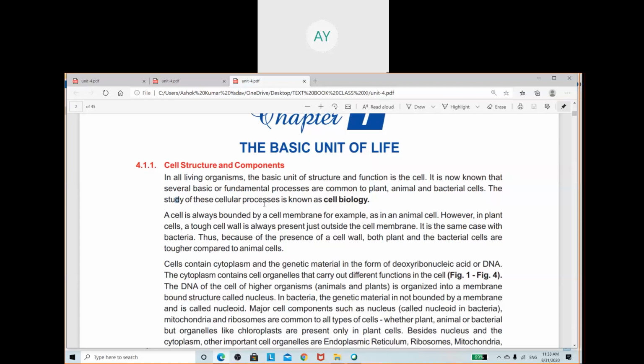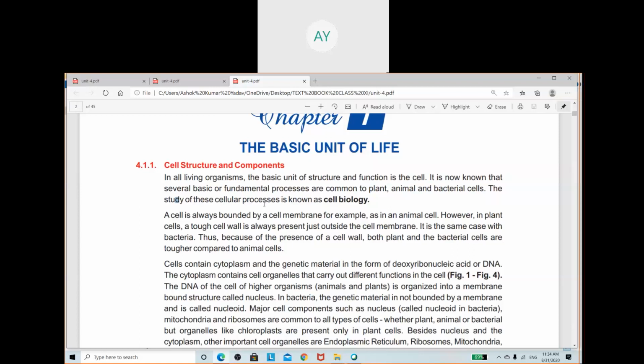In which branch are you going to study that? In cell biology: the function of the cell, on a small scale the function of each and every organelle, and collectively the function of each cell. Then cytology. What is cytology? Cytology means the structure and organization of the cell.